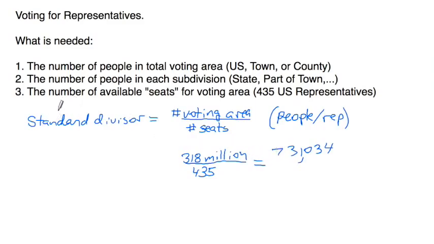Alright, so one number we have to calculate is the Standard Divisor. The other one is the standard quota. Now, obviously, I'm not going to use this big answer anymore. We could.